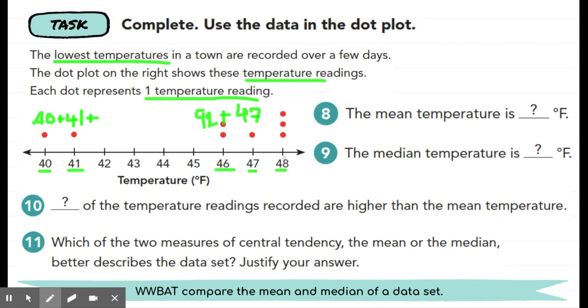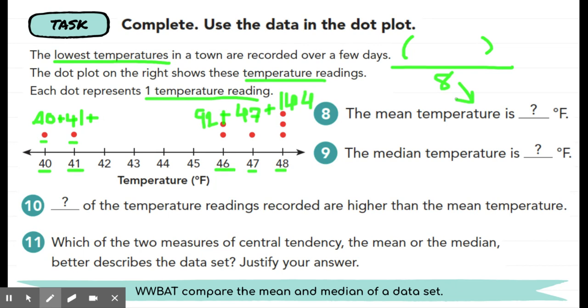And the last day, because there are 3 readings that are 48, so 3 times 48 gives me 144. So you're adding all of them up: 40 plus 41 plus 92 plus 47 plus 144, divided by the dots. So 1, 2, 3, 4, 5, 6, 7, 8. So all those summed, divided by 8, would give you the mean temperature.